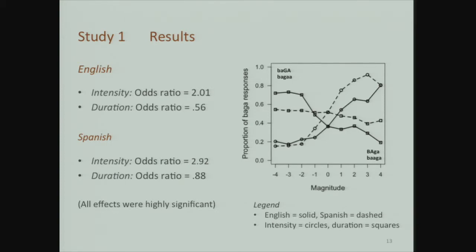So these were nice effects to find. The sequences that we used in this particular study varied only intensity or only duration. Essentially what we see is that we did get more loud-soft responses, and we did get more long-short responses.